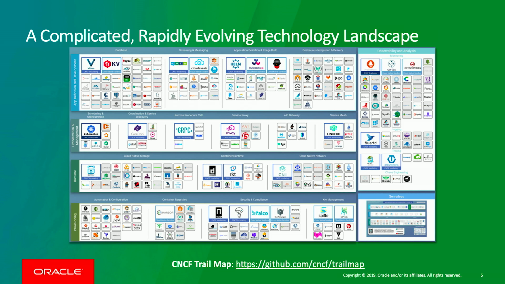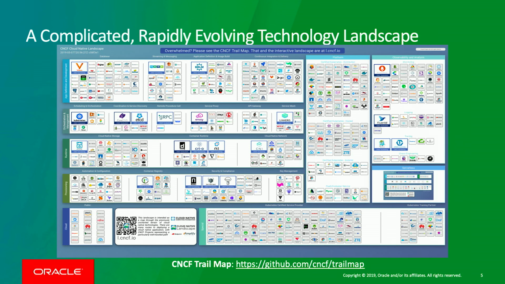So you want to start with Cloud Native, and you look into the Cloud Native landscape on the CNCF website. This picture is, I believe, from half a year ago. This picture is from a few weeks ago. So the technology is rapidly changing.